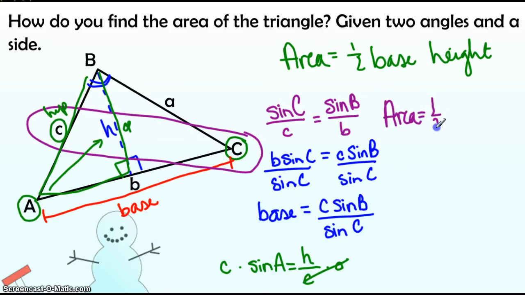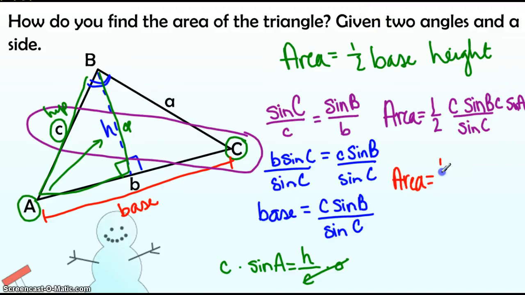area equals 1/2 the base, C times the sine of angle B over the sine of angle C, times C times the sine of angle A. So we're just going to simplify that formula really quick.